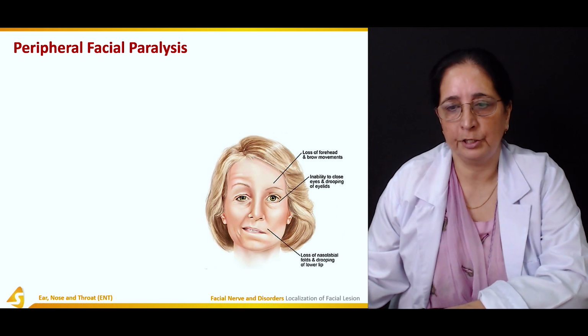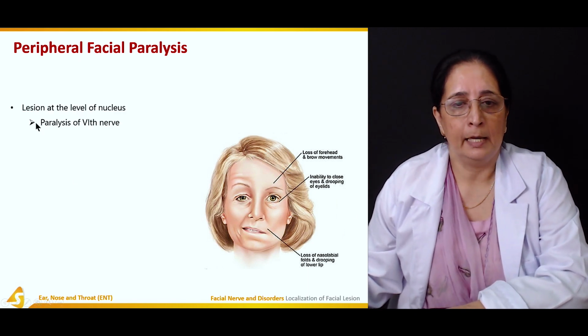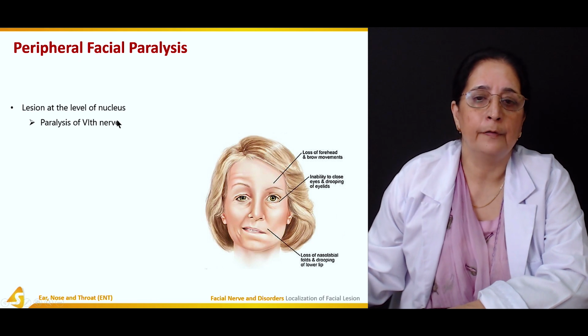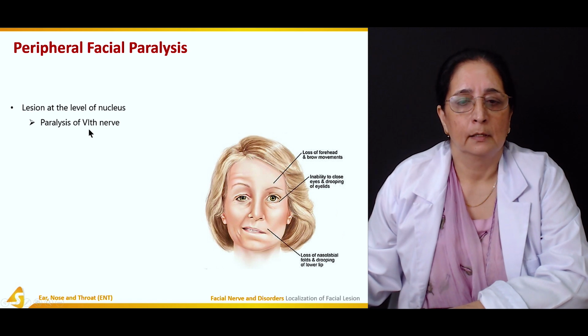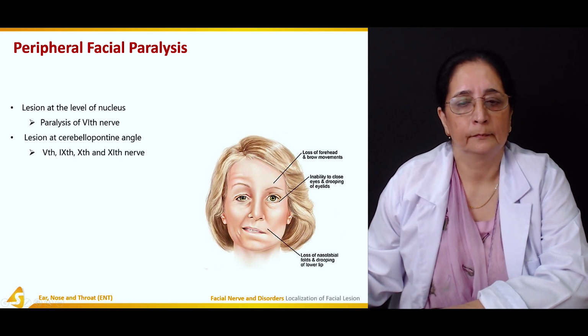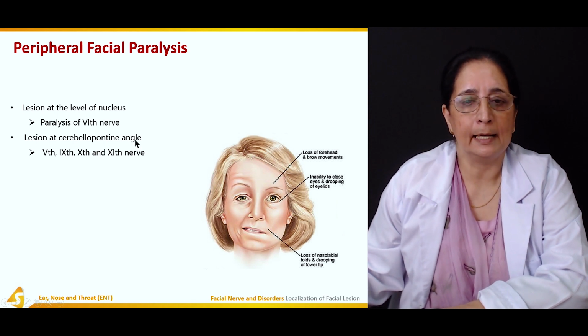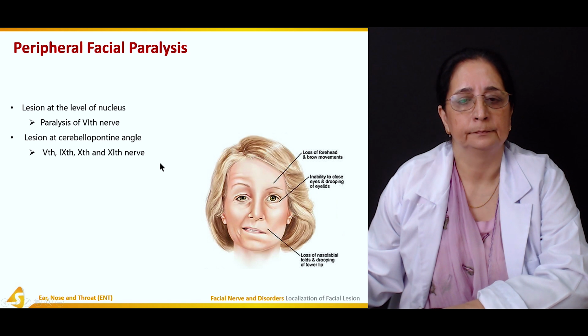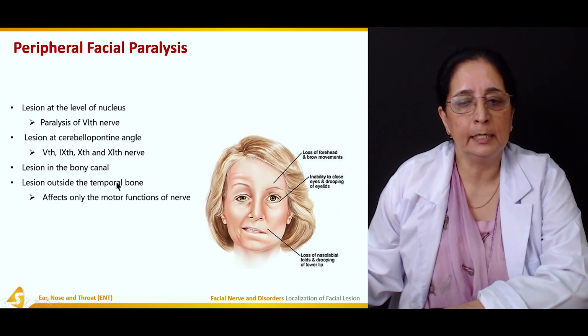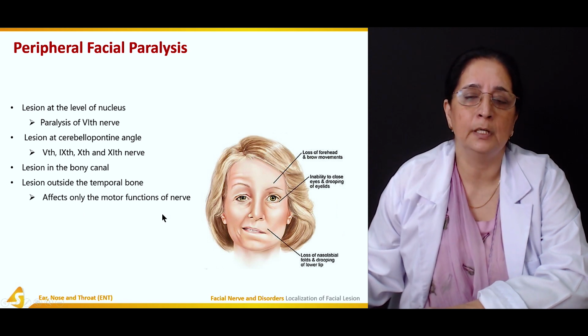So peripheral facial paralysis: lesion at the level of nucleus, there is paralysis of sixth nerve; lesion at cerebellopontine angle affects fifth, ninth, 10th and 11th nerve; lesion in the bony canal; lesion outside the temporal bone affects only the motor functions of the nerve.